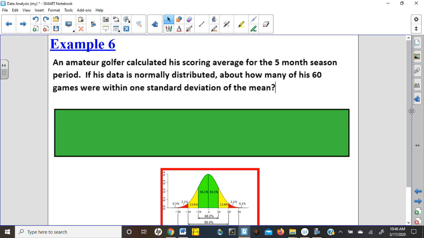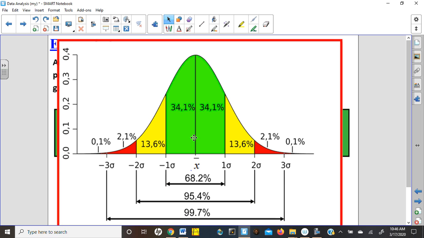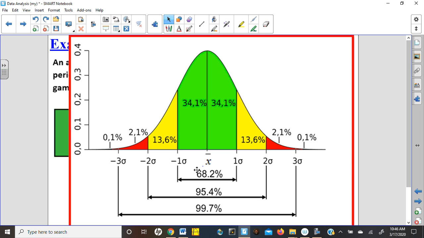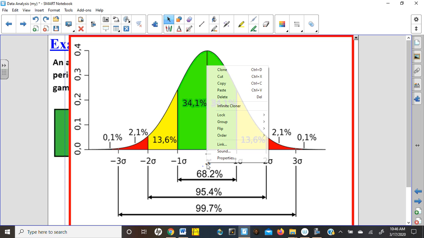All right, example 6. An amateur golfer calculated his scores for 5 months. If his data is normally distributed, how many of his 60 games were within 1 standard deviation of the mean? So I think this is where we just have to know the 68, 95, 99 rule. Within 1 standard deviation is 68% of the data.